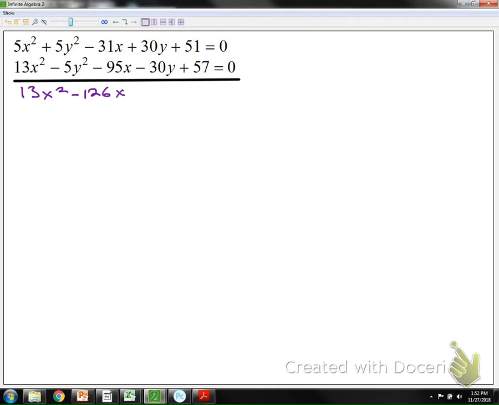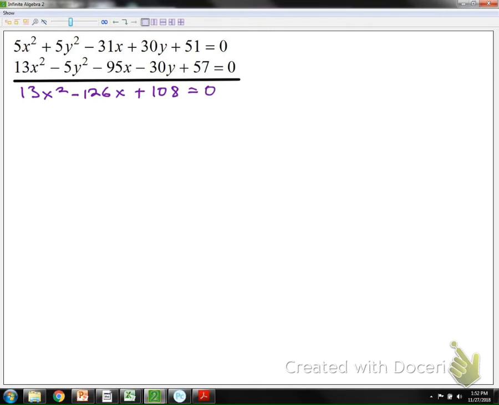Boy, I hope that's divisible by 13. And then the last one, 51 and 57, gives us 108 equals 0. 13x squared minus 126x plus 108.